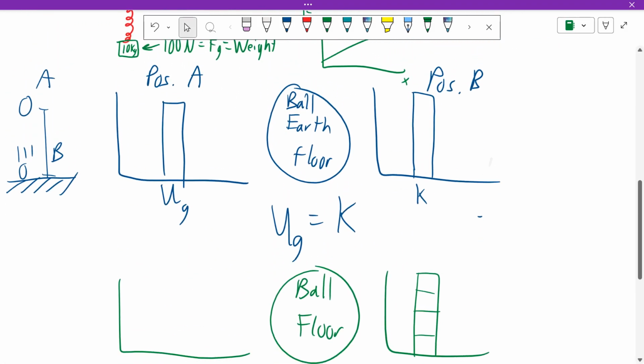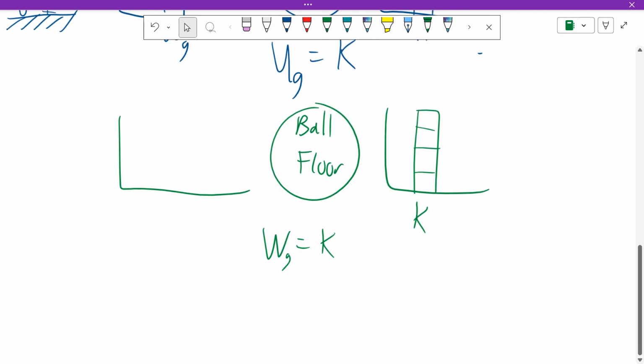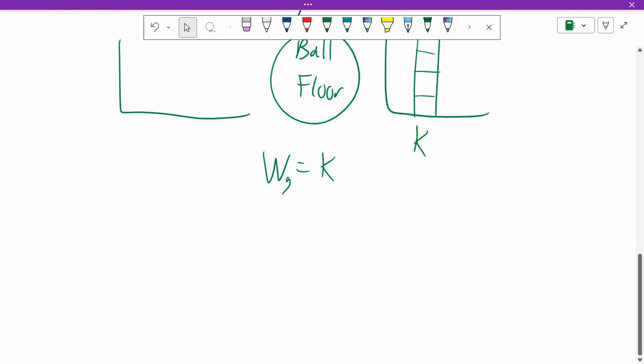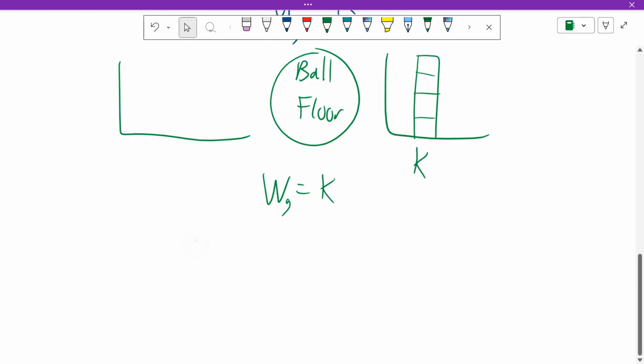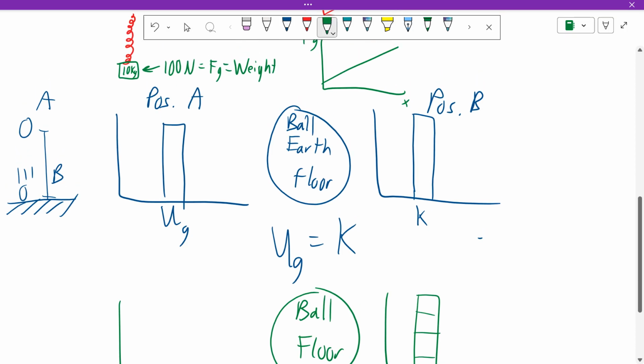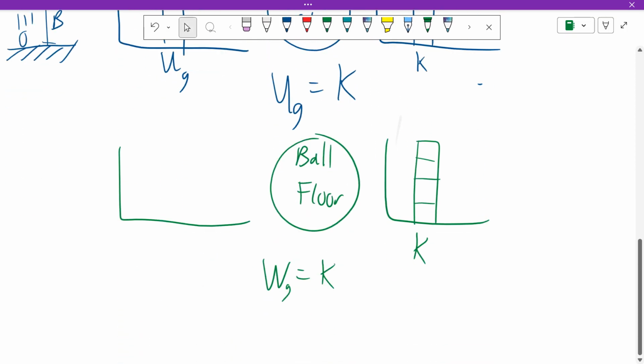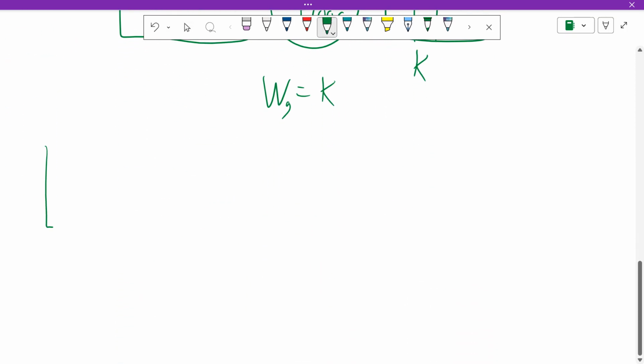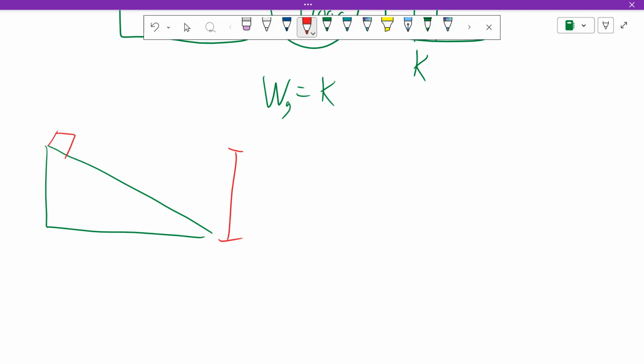Now, I gave the scenario where the ball is falling here, but I can give a different scenario, and it actually could mean the same thing. So we have this scenario, but what if, instead, it's the same thing, except it's a block, a block at the same height off the ground as the ball was, going down a ramp this time.